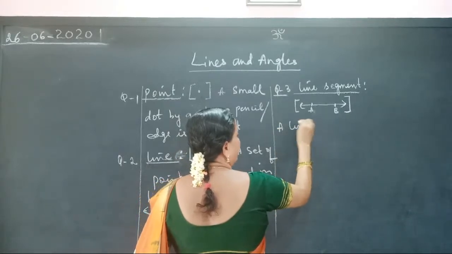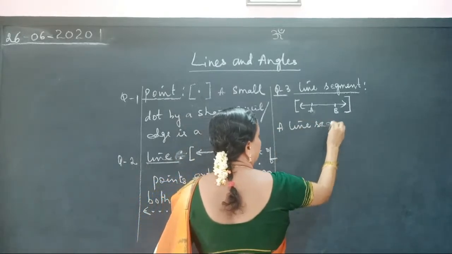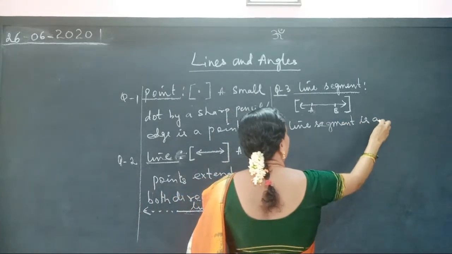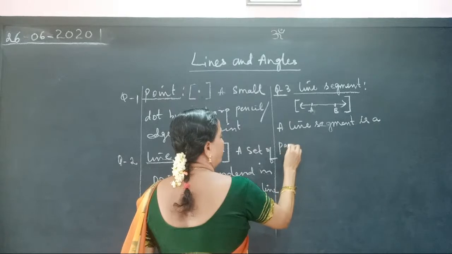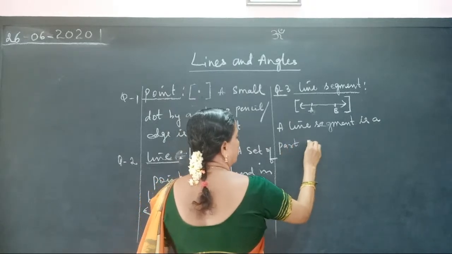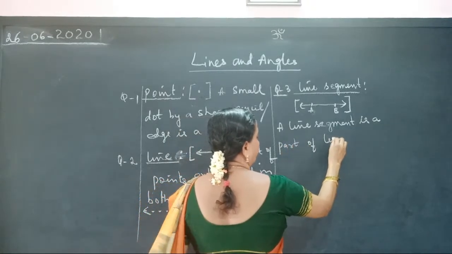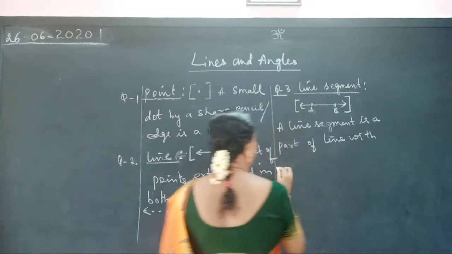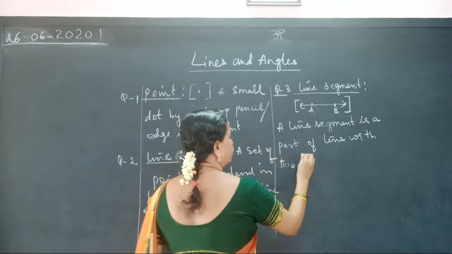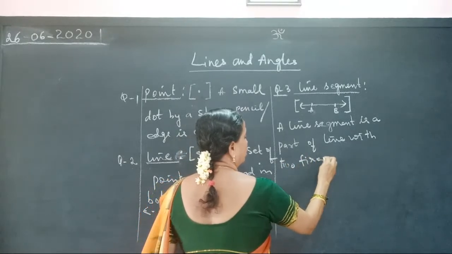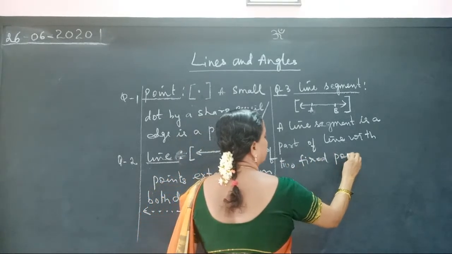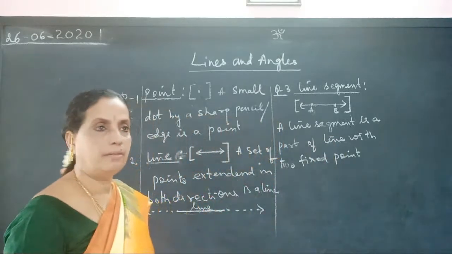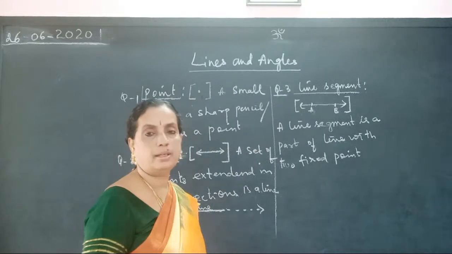A line segment is a part of a line with two fixed points. We define a line with respect to a line segment.